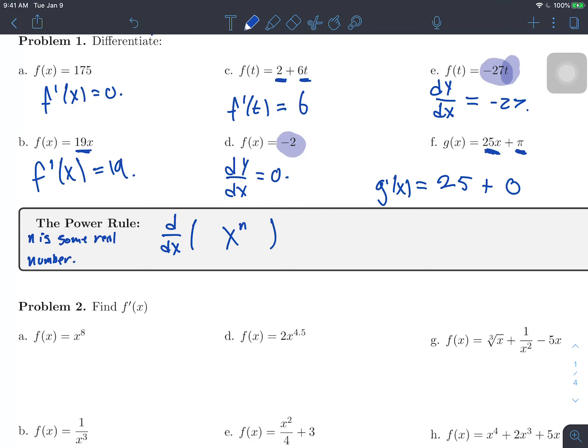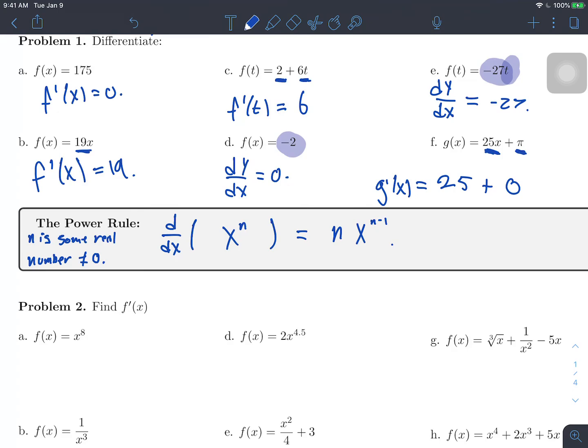Meaning it could be negative, it could be fractional, it could be transcendental like pi, it could be something really crazy. Right? So n is just some number, well, with the exception of 0. Let me be really careful here. We'll say some real number not equal to 0. Then the derivative of x to the n is just n times x to the power n minus 1.